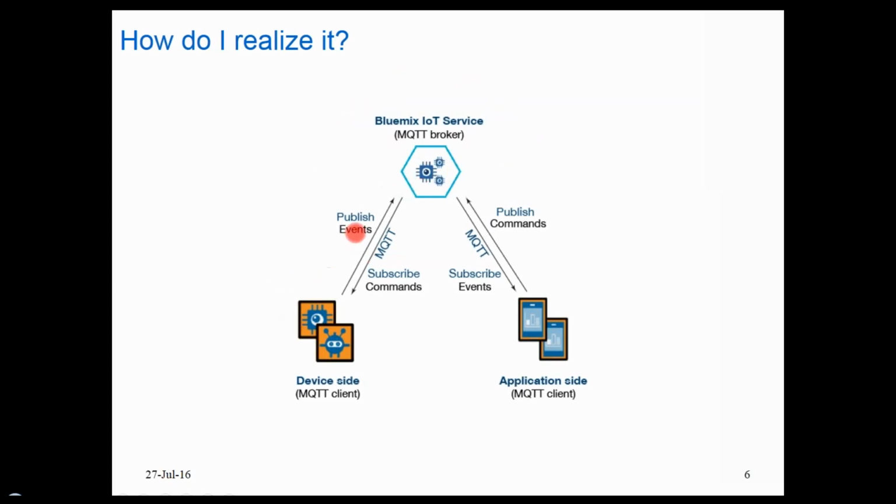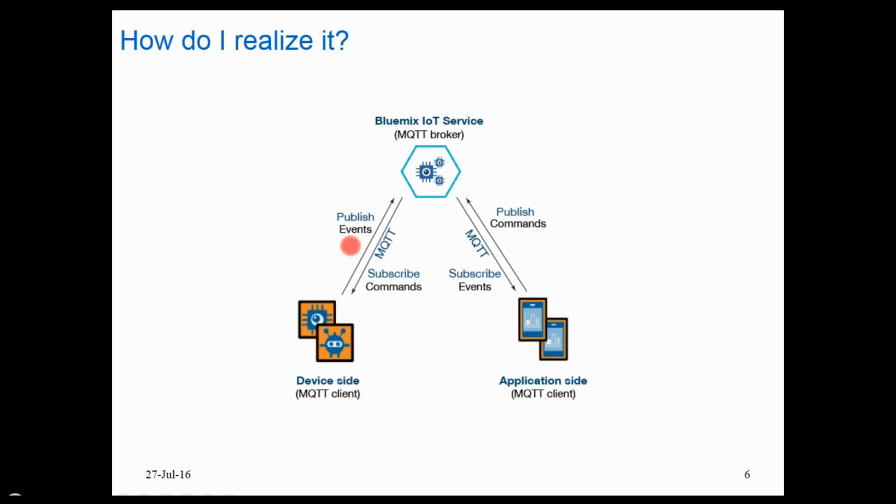When a device publishes data, there will be a particular message title it will be pushed to, and the applications should be subscribing to the title. So when a device publishes, say for example, I'm going to publish a device titled event, there will be an application which will be listening to these events.